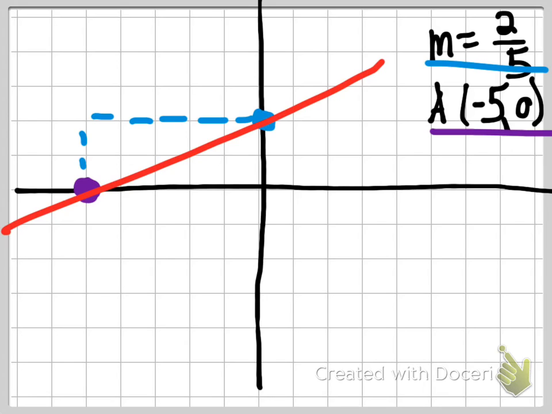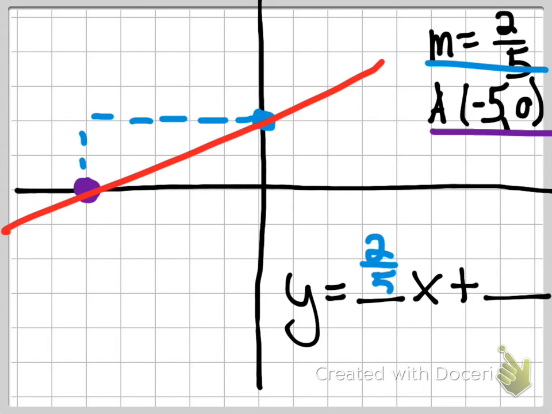So, we already know what our slope is. If I were to write my equation, y equals blank x plus blank, I know that my slope is in fact 2 over 5. Now what I don't know is my y-intercept. The way I figure that out is by seeing where the line crosses the y-axis.